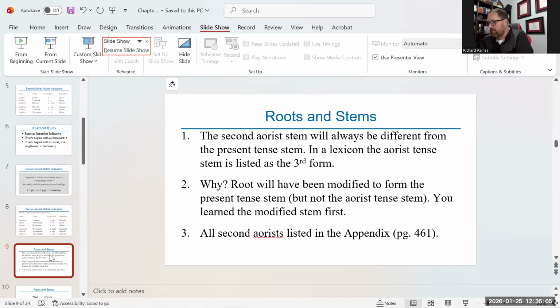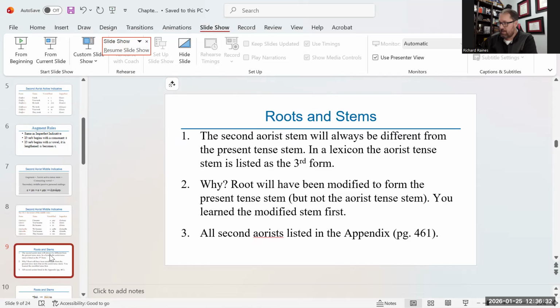So if you look in your appendix, and you can pause this if you need to, in fact, I do want you to pause. I want you to go to page 461. After I've done explaining it, I want you to go to 461, and spend some time with this. Toward the bottom of the page you see second aorist. These are all the words that appear in the second aorist.